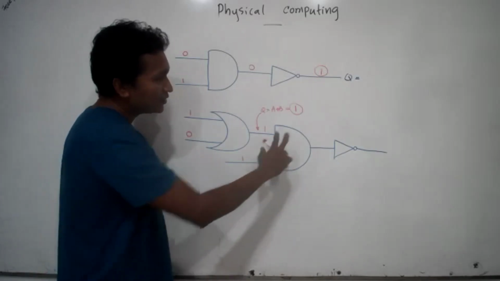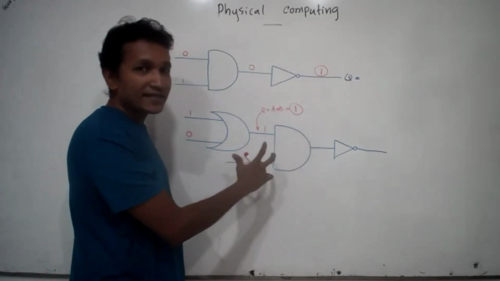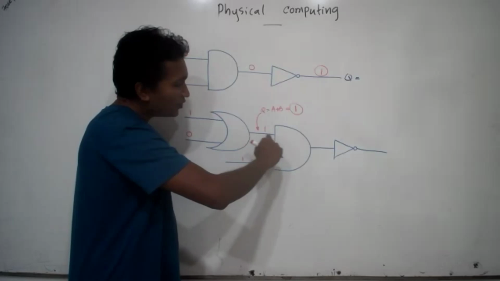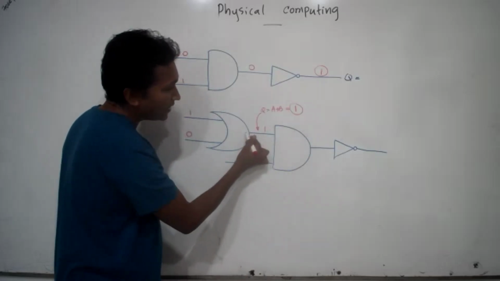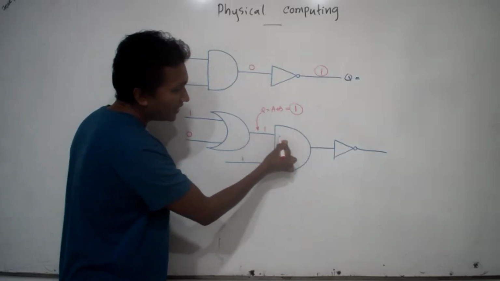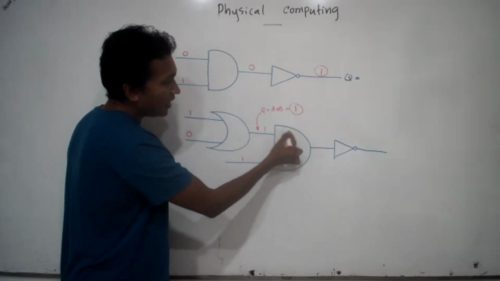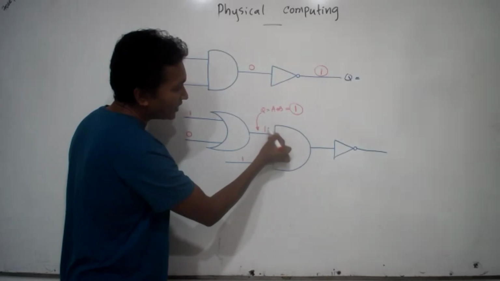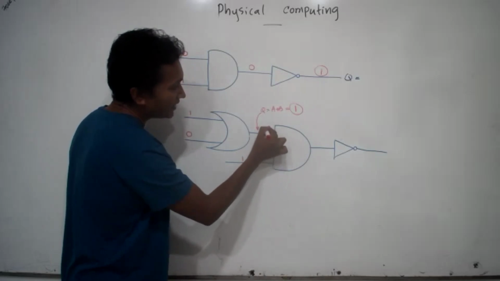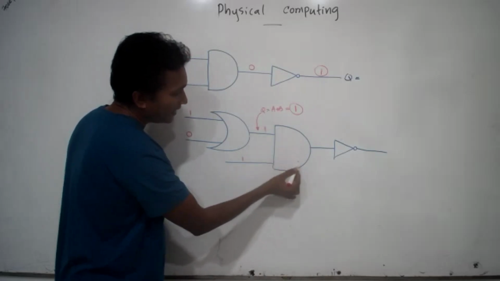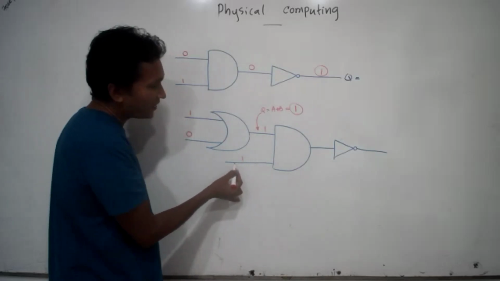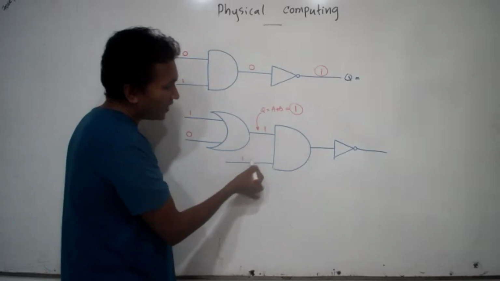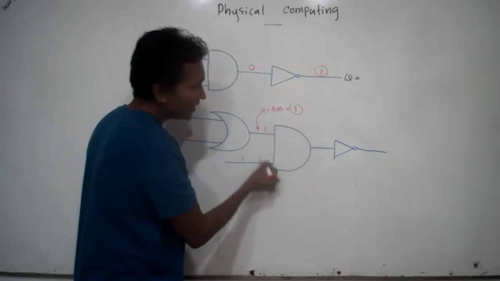Right. Then there is an AND gate. The output of this OR gate is connected to the AND gate. So one input of the AND gate is this signal 1. And there is also another input. Right? 1 and 1 come through the AND gate.